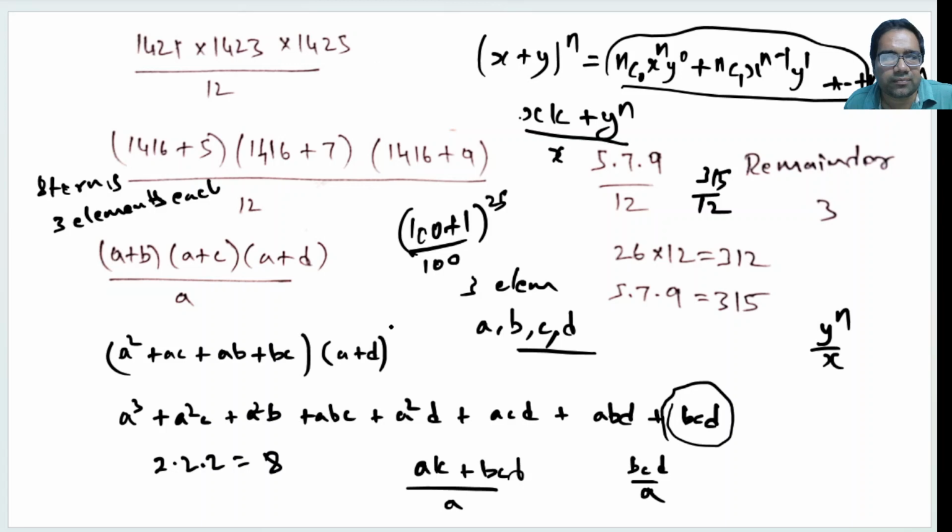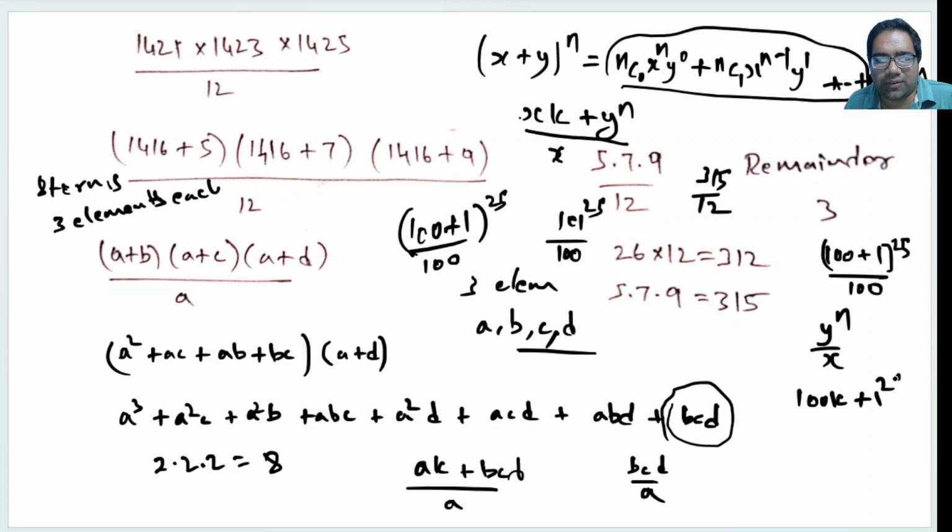If someone gives us 101 power 25 by 100, we'll just directly break it into (100 plus 1) whole power 25 by 100. So this is equal to 100 into some k plus 1 power 25 by 100. This problem becomes very easy like this.